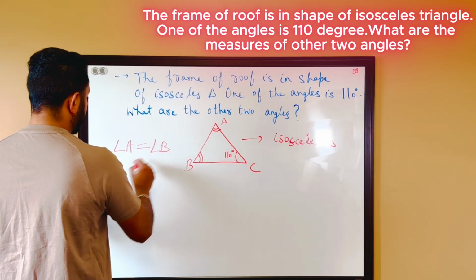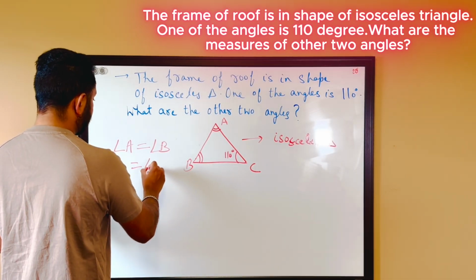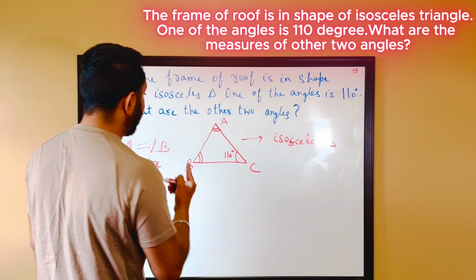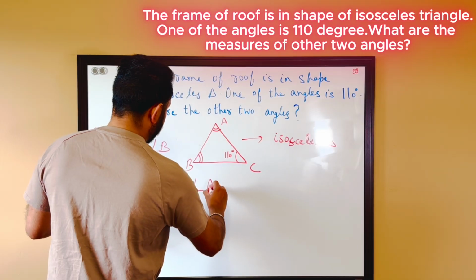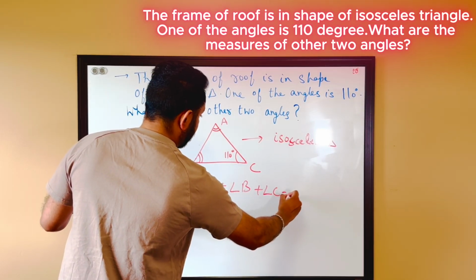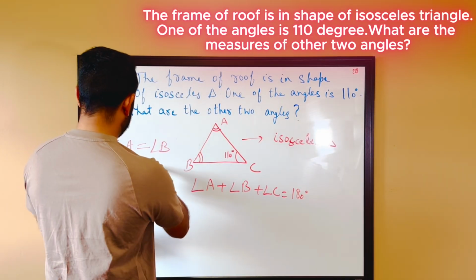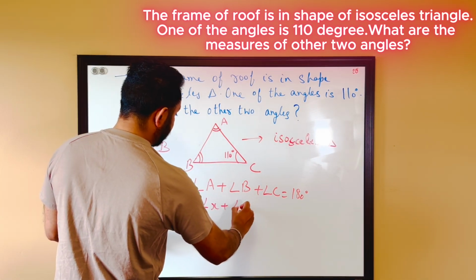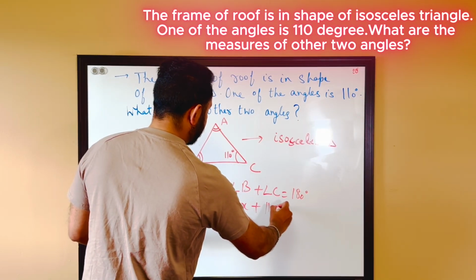So let's suppose A and B as angle x. Also, the sum of the angles in a triangle is 180 degrees. A, B, C are 180 degrees. That means A is x, B is also x, and C we are given 110.